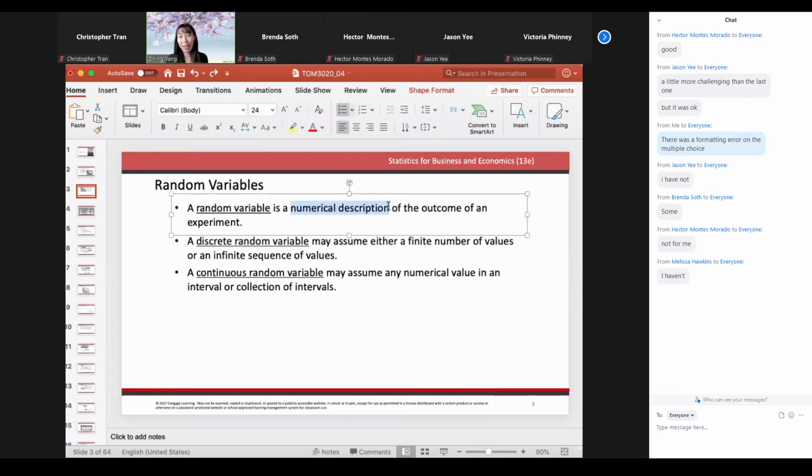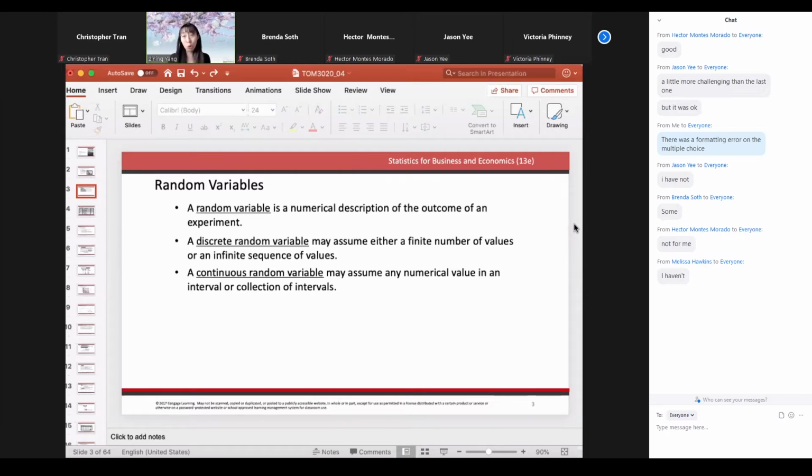It can't be text. Your address, for example, is not a random variable. Gender, if you write male, female, is not a random variable. However, you can create a code book and say female is coded 1, male is coded 0, and then your data set will have 1, 1, 0, 1, 0, 0, 0, 1.